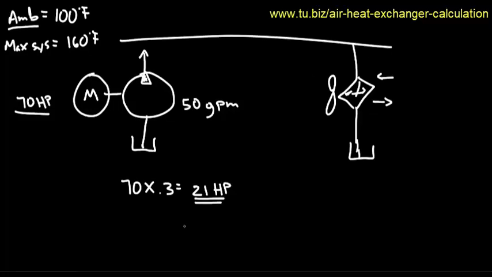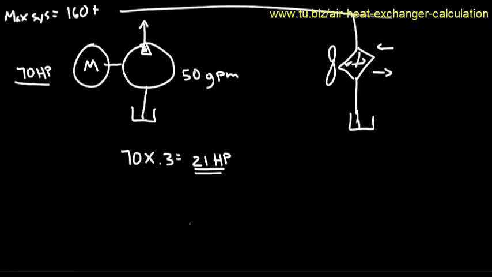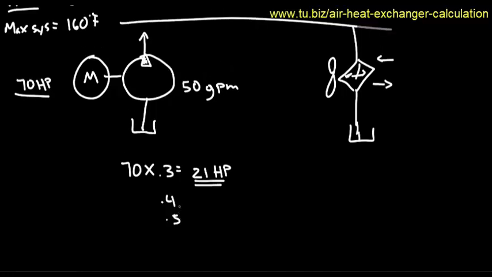Now, I've seen people using 0.4. I've seen people using 0.5. In this example, we're going to use 0.3. So 21 horsepower. Now, we need to find out what magic number we need to get to the heat exchanger.